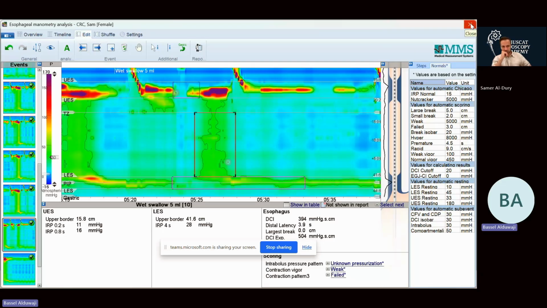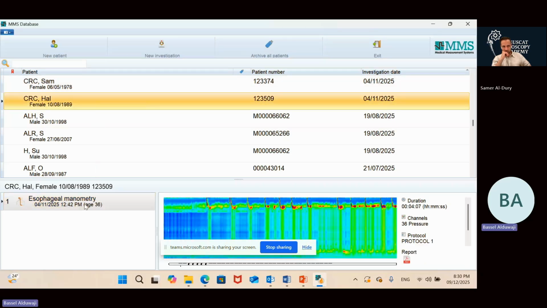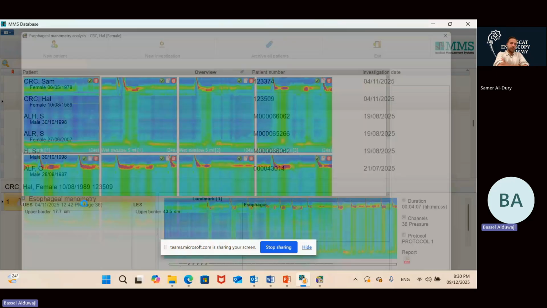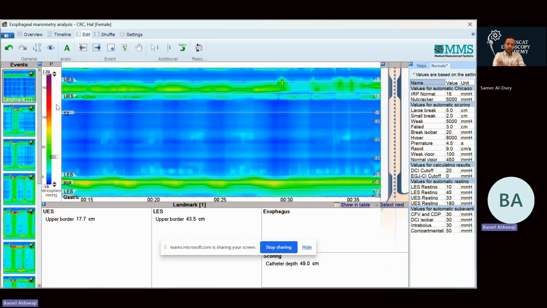We have also another nice case, this one. Unfortunately, it's a nice case to be presented as achalasia, but for sure it's not nice for the patient to have achalasia, but this is what we found. So this is the landmark.